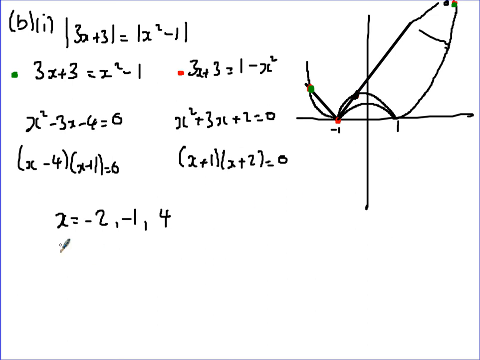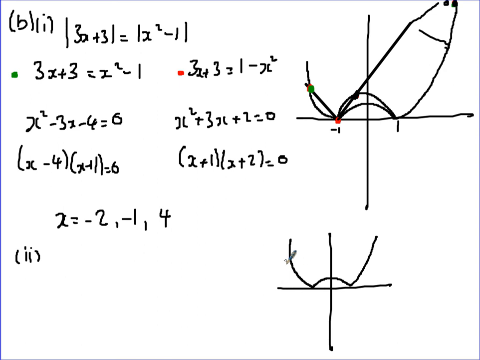This is crucial though for what the next part's going to ask us, because then it says hence solve for when the straight line graph is less than the x squared minus 1 graph. Now it'll be less than, if I drew again just another sketch of this, so it's coming in here, bumping up, coming around this way.